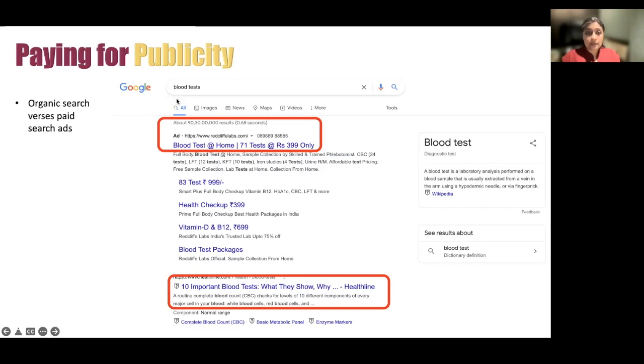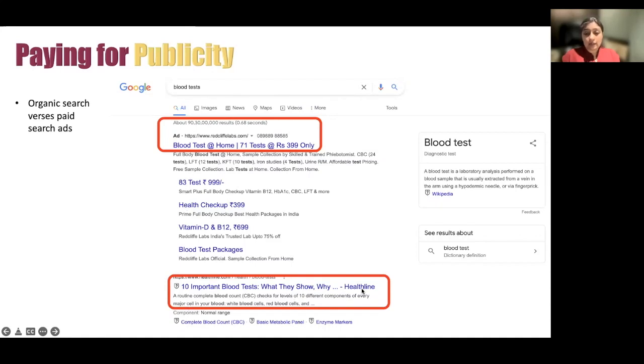So when I enter a search word called blood tests, I'm looking for information about laboratory tests. Two types of content can show up at me. I can see a paid content, which has the word ad written over here. That means this particular company has paid Google to display their content on blood tests.